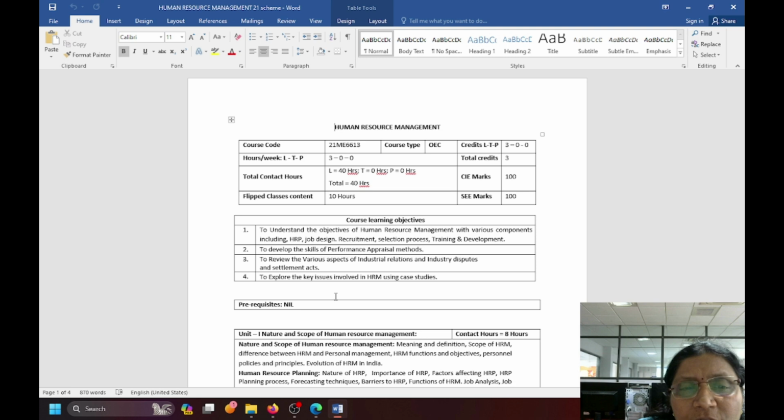As all of you know, every industry is striving for improving the productivity of the organization. That's why the main focus is on human resource. The physical resource, why? Because the physical resource is being used by human resource. So the whole productivity of the organization totally depends on the efficiency or the effectiveness with which we are using the physical resources.